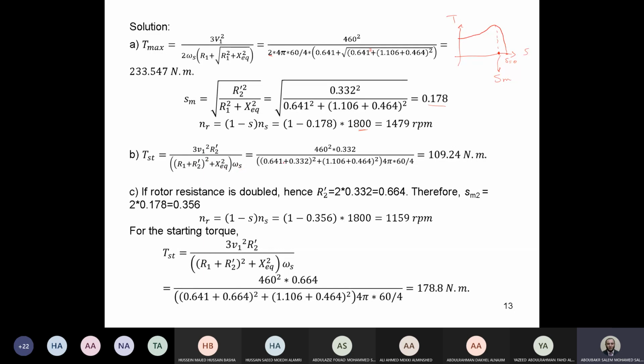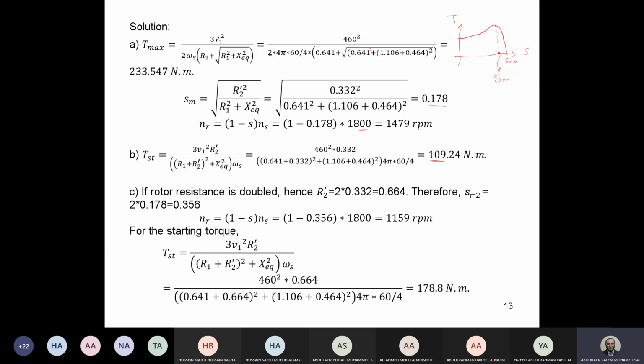Substitute directly in this relation and you find the starting torque is 109. Comparing 109 with 233, it's less than 1/2.